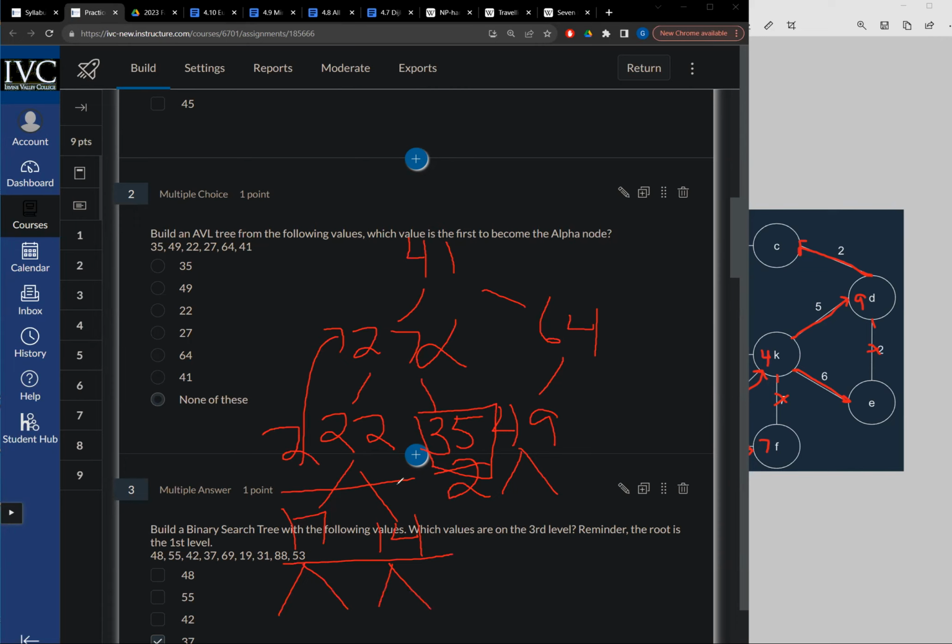The alpha node is the node on the insert path that reports a height imbalance and is the context from which we will do 1 or 2 rotations. The child will be beta, and then if it's a double rotation, we'll have a gamma node. Remember, if we have a right-left or a left-right, it's going to require 2 rotations.